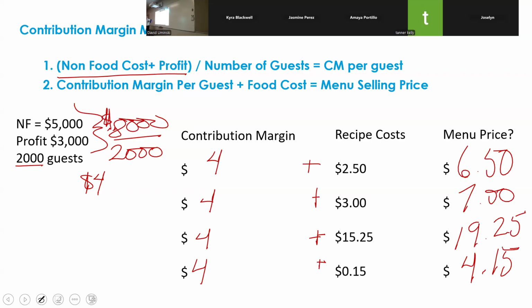We all see where we got those selling prices over there on that far right column? So this $4, every time somebody comes in and I sell this item for $6.50, $2.50 of that goes to cover my food cost, and the other $4 goes to cover my non-food cost and my profit.